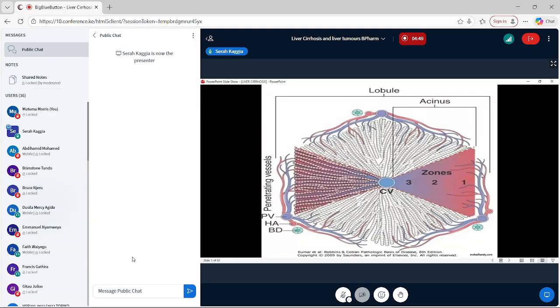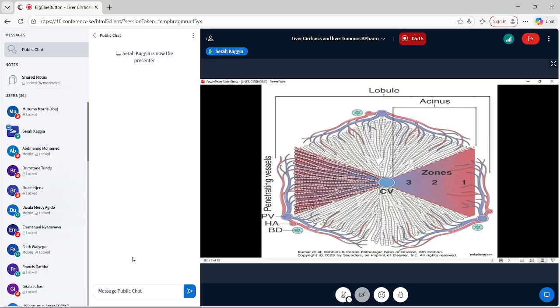You can see how close they are to the penetration of the blood vessel. So you describe it like that towards the central vein. So this is a typical way how the liver histologically usually looks, from the portal vein, the portal tracts, all the way to the central vein. This is the normal way.